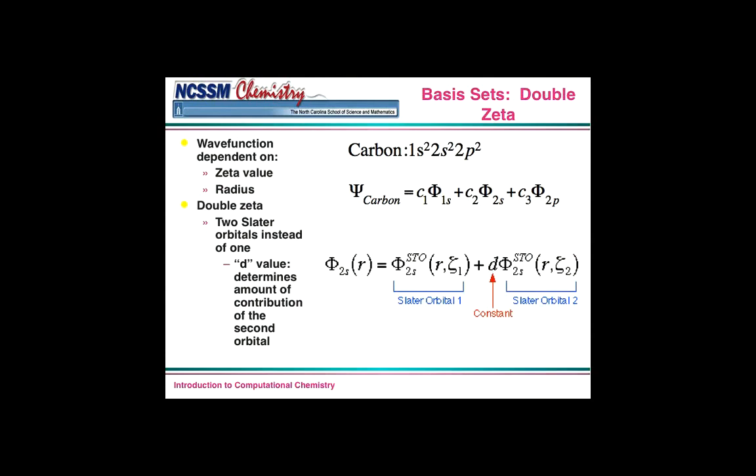To mathematically represent the 2s orbital, I have two zeta values, zeta 1 and zeta 2. And so I'm using the Slater type orbital twice, once for zeta 1 and once for zeta 2.